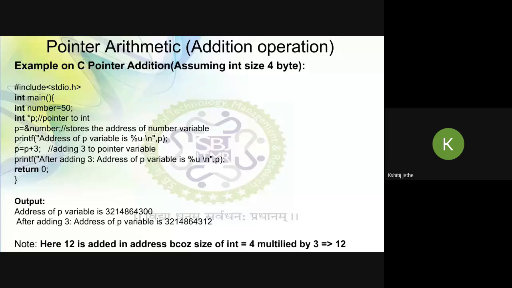P was initially 4300, so 4300 plus 3 into 4, that is 12. 12 will be added to the initial address and you will get the final address. You can see in the output there is a difference of 12. And the logic is also given: 12 is added because the size of integer is 4, which is multiplied by 3, and it gives you 12. So this is how we perform the addition.